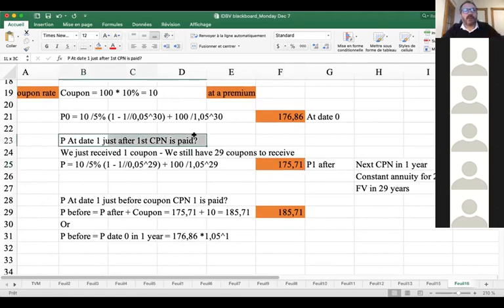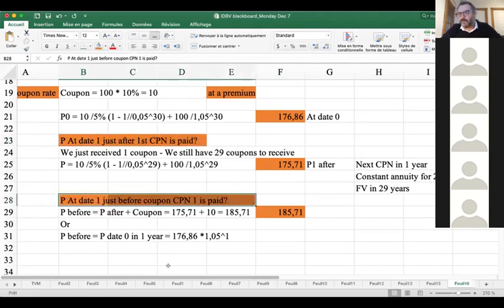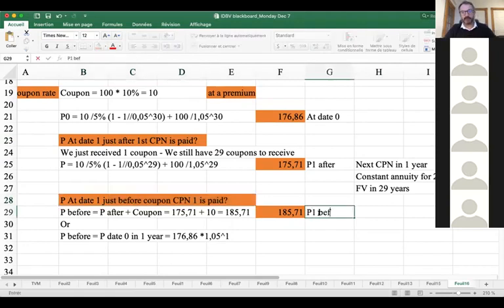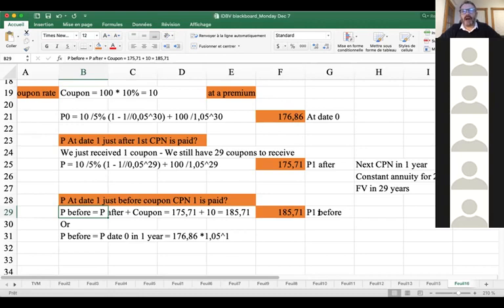And so maybe you were surprised. I said to you, maybe it's easier to do P1 after before doing P1 before. Why? Because, as Kian and Hien well understood, we can reconstruct the value of P1 before from the value of P1 after.